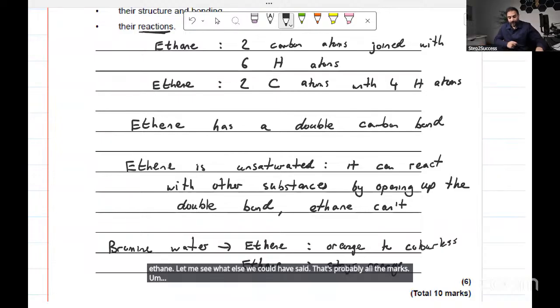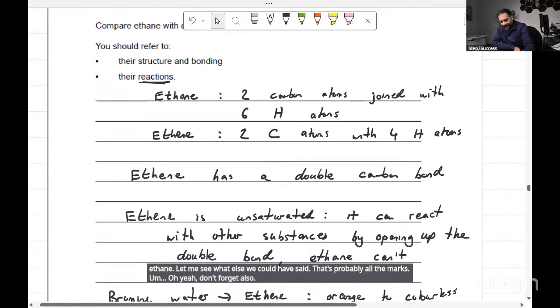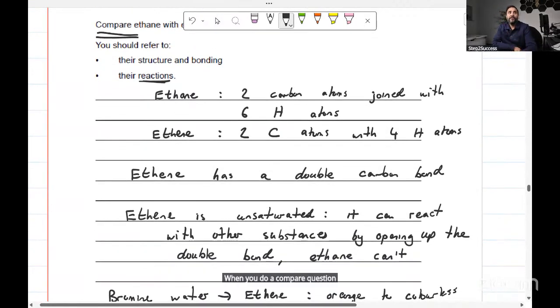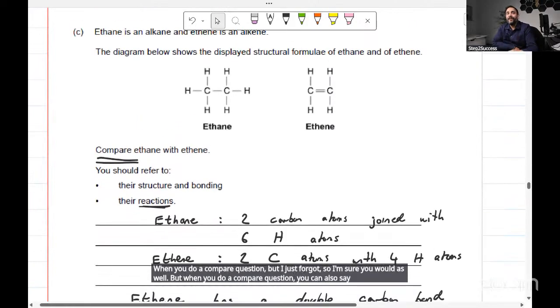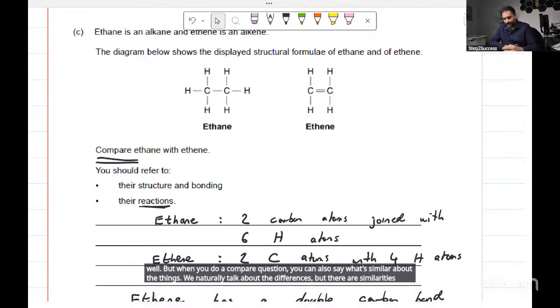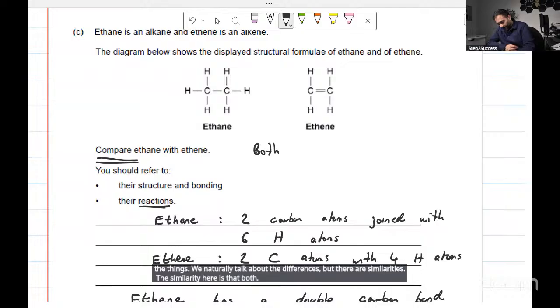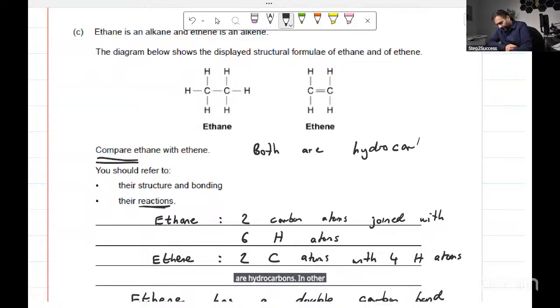Oh yeah, don't forget also, when you do a compare question, you can also say what's similar about the things. We naturally talk about the differences, but there are similarities. The similarity here is that both are hydrocarbons. In other words, they are compounds that only contain carbon and hydrogen.